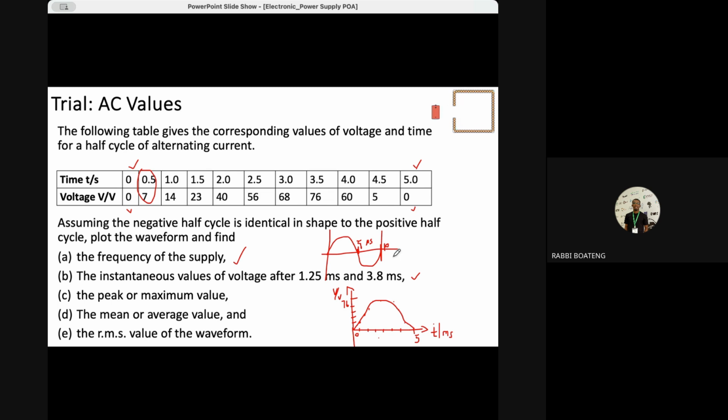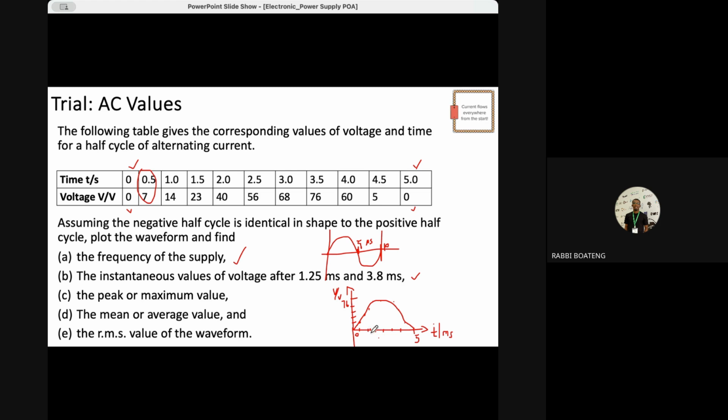Now let's go to the B part, if you all understand this. We want to find the instantaneous voltage after 1.25 milliseconds and 3.8 milliseconds. This is very simple. In your chart, try and trace for 1.25.